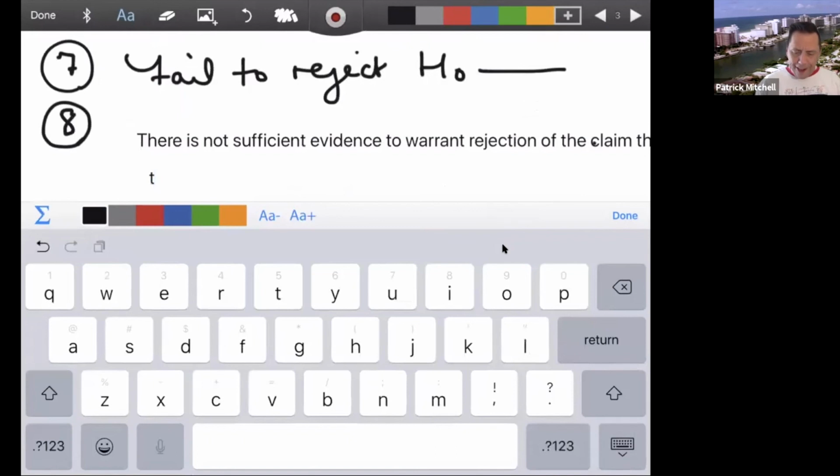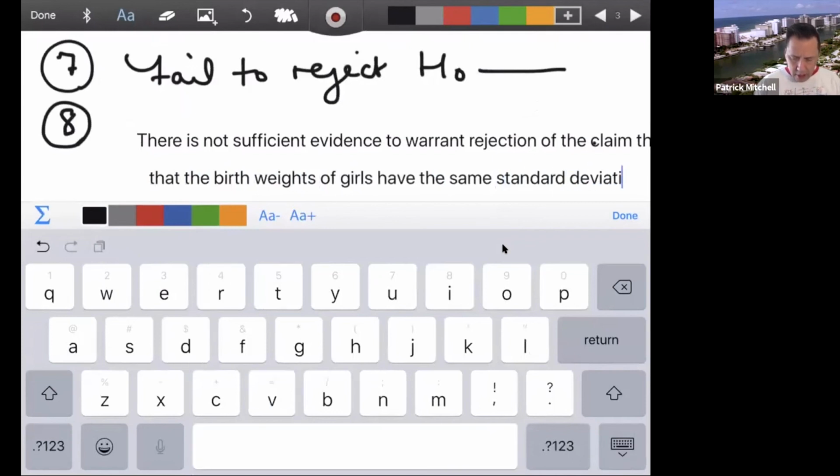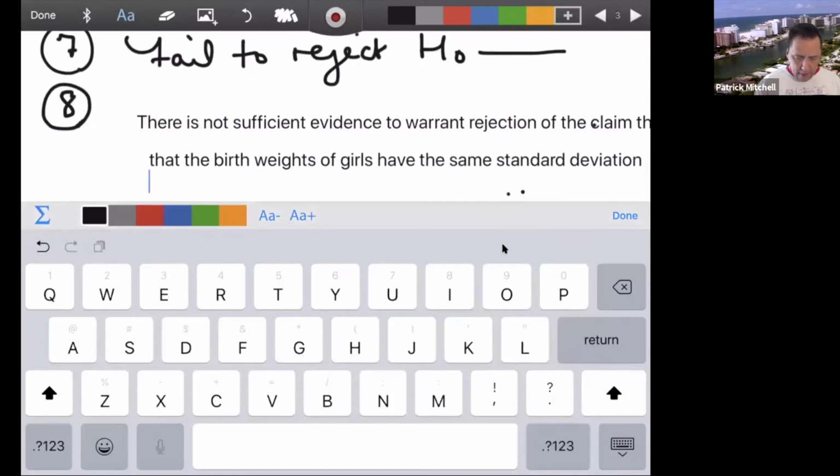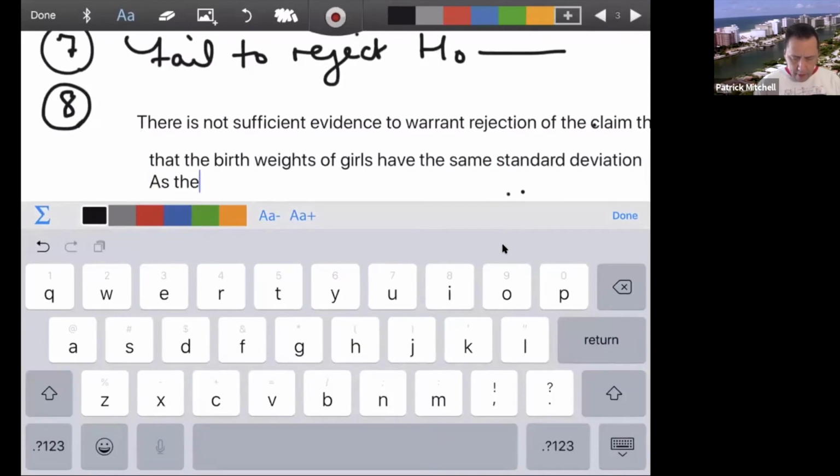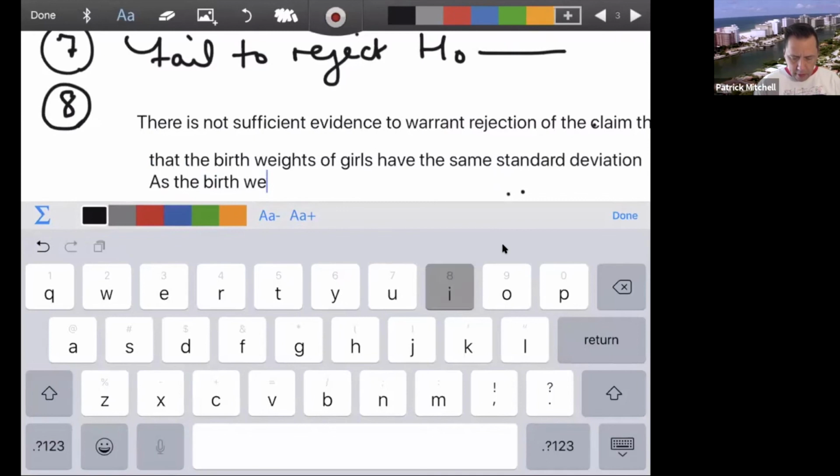There's not sufficient evidence to warrant rejection of the claim that the birth weights of girls have the same standard deviation as the birth weights of boys.